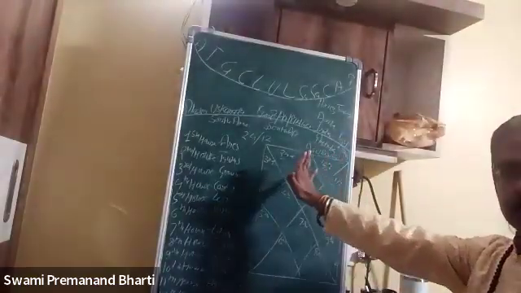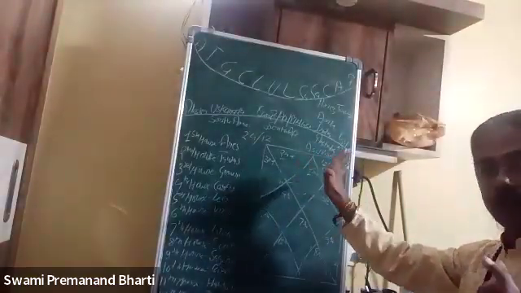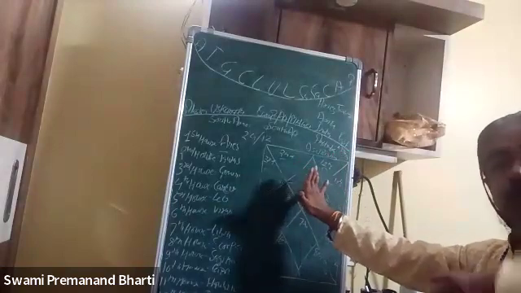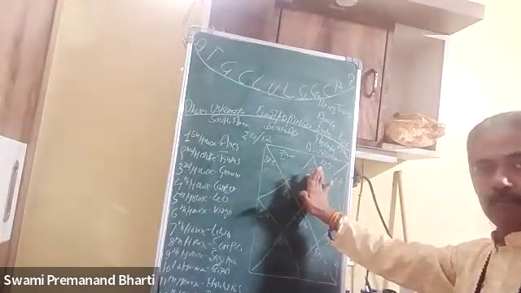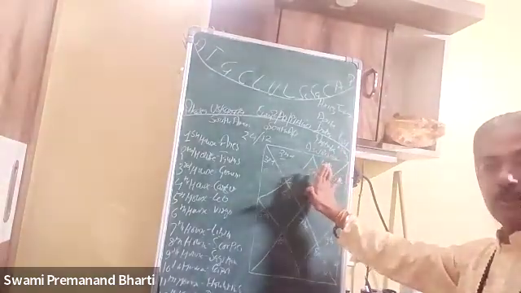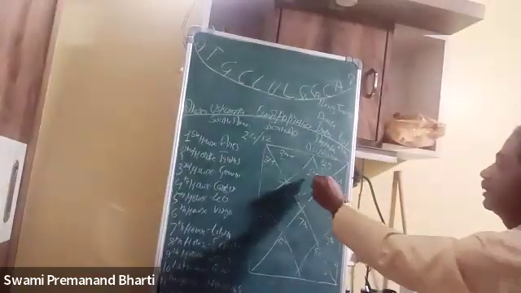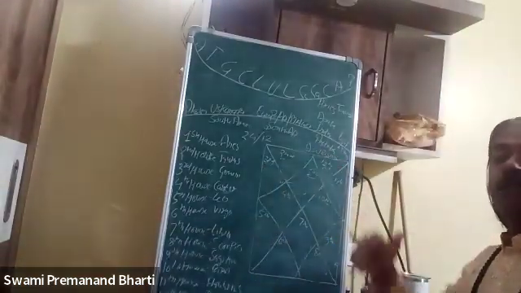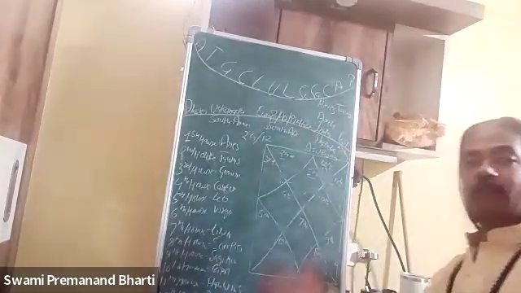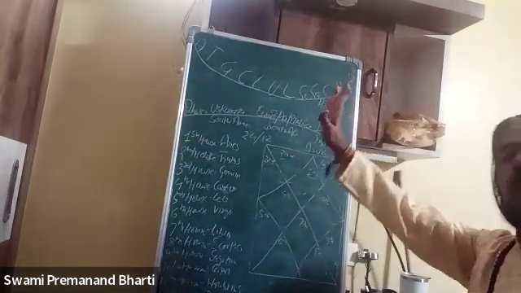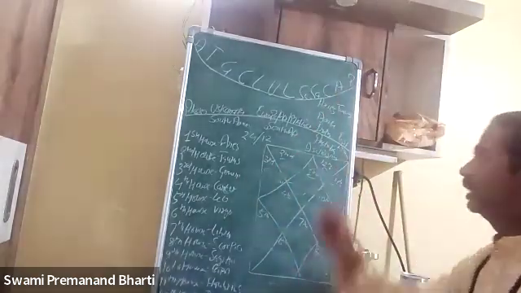So house will remain the same. First house will always remain the same. This will always be the first house in any chart in the world for any person. House is not going to change. This will always remain the first house, ascendant and rising. But the sign will change because Earth will rotate on its axis and different places will come in front of different signs.